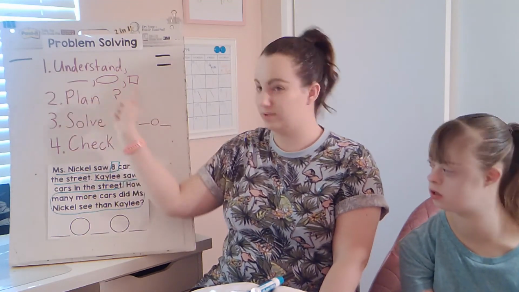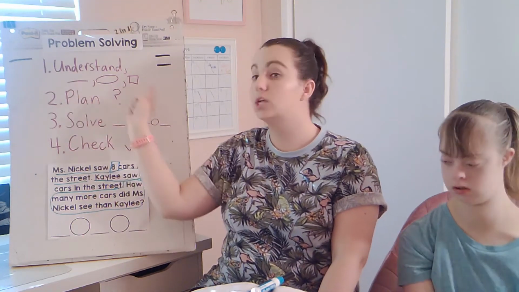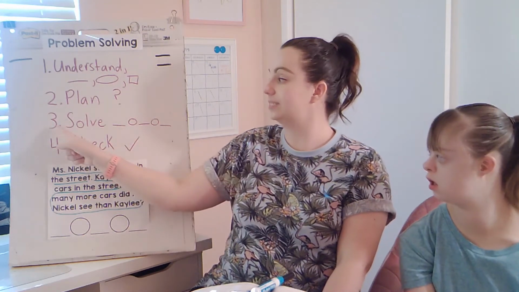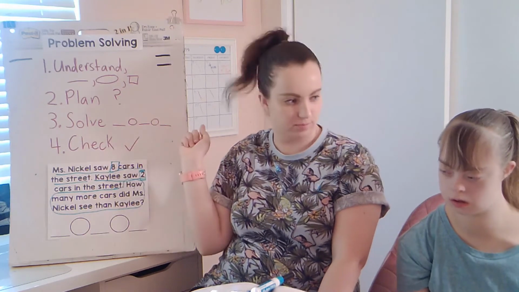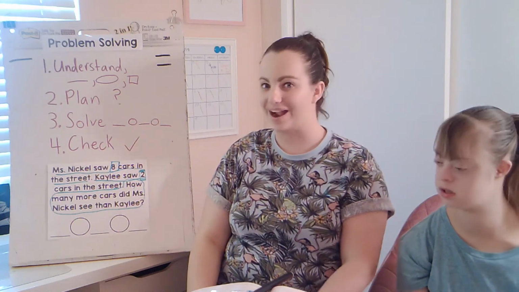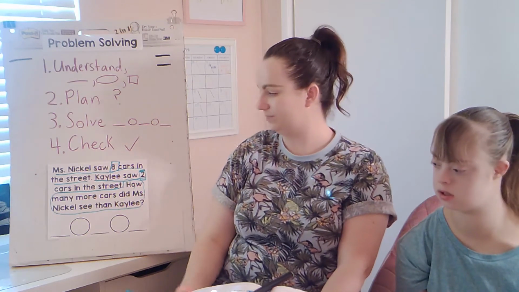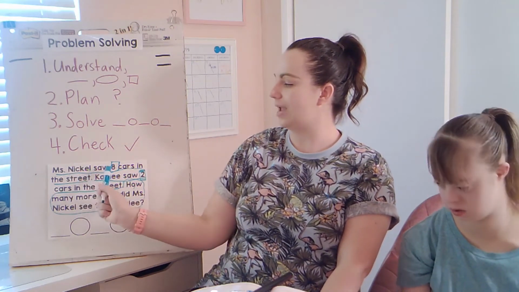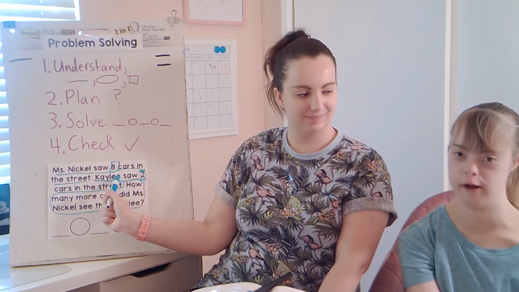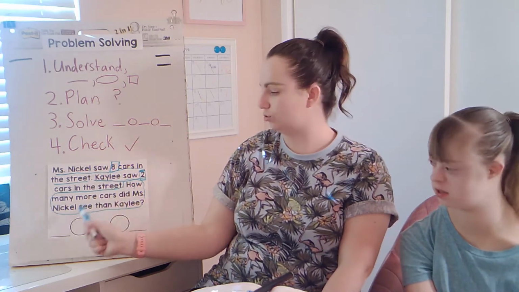So I'm going to help us plan there. We need to do subtraction. Next, it's time for us, step 3, to solve the problem. Let's reread it and write our subtraction number sentence to solve. It said Miss Nichols saw 8 cars. How many cars did Miss Nichols see? I think 8. Good. So she saw 8.